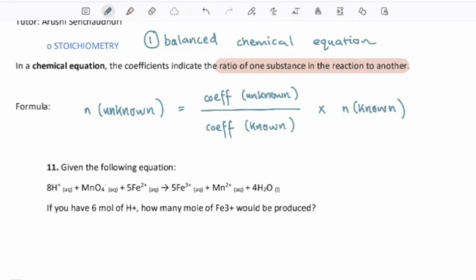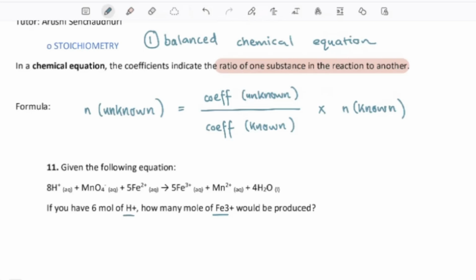So say we are given this following equation. This is our balanced chemical equation. They've already done this for us. If you have 6 moles of H+, how many moles of Fe3+ would be produced? So what is our unknown? Our unknown is Fe3+, because we don't know how many moles of it we have. Our known is H+.